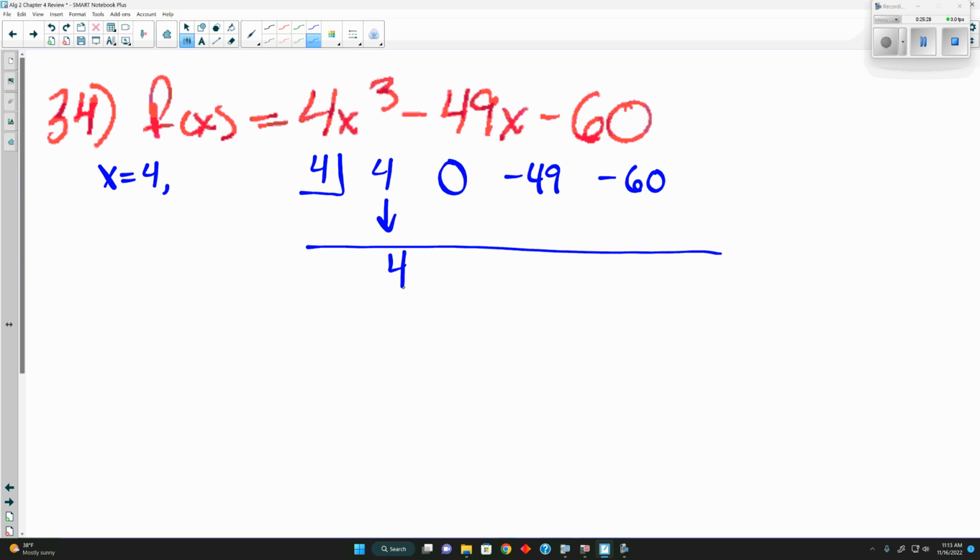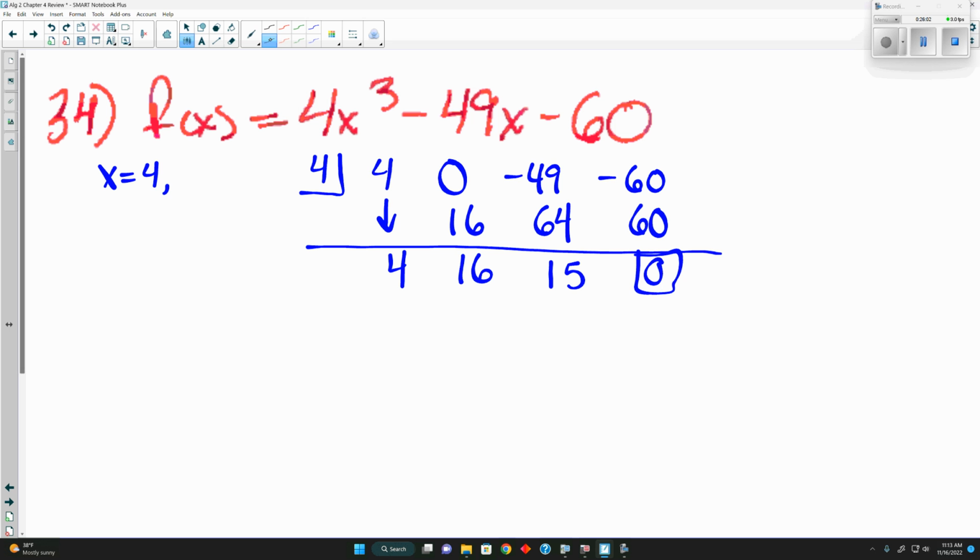And again, for these calculations, you could use a calculator to do most of them. 4 times 4 is 16. 0 plus 16 is 16. 4 times 16 is 64. Negative 49 plus 64 is 15. 4 times 15 is 60, and negative 60 plus 60 is 0.